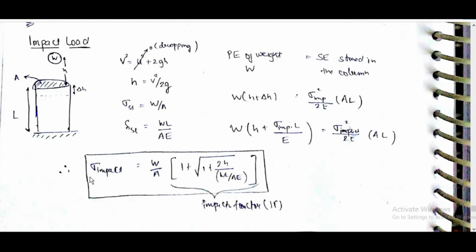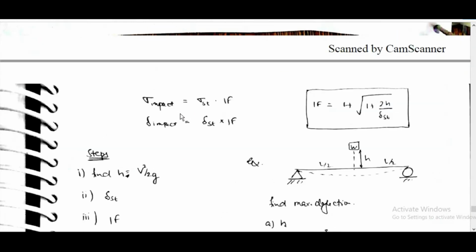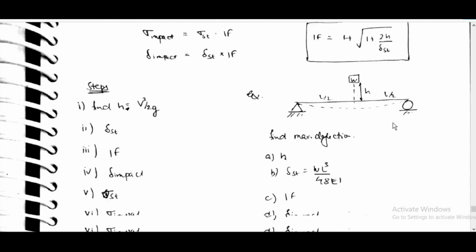By solving this quadratic equation, we get sigma impact equal to W by A into 1 plus root of 1 plus 2H by WL by AE. This is the impact factor. Sigma impact is equal to sigma static into impact factor. Delta impact is equal to delta static into impact factor. Impact factor is equal to 1 plus root of 1 plus 2H by delta static.